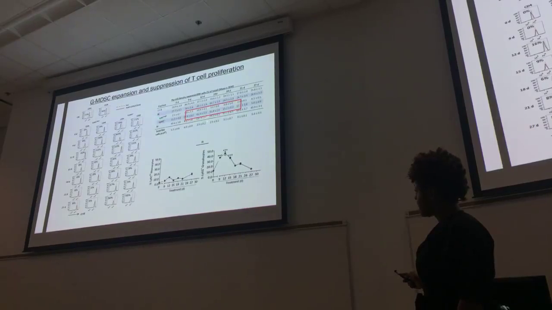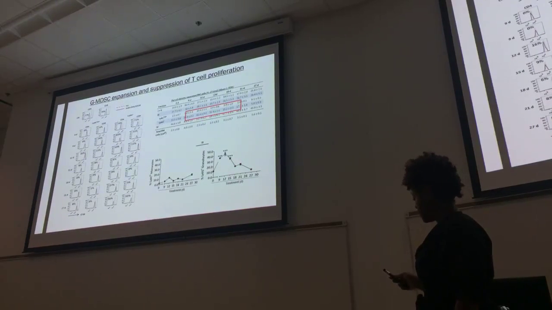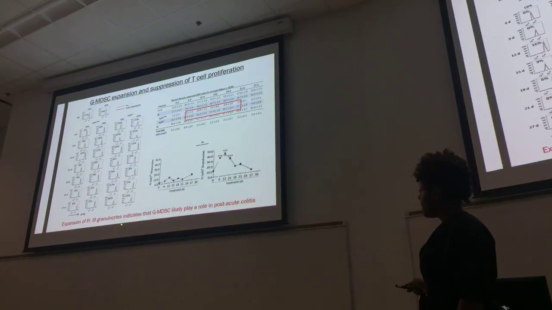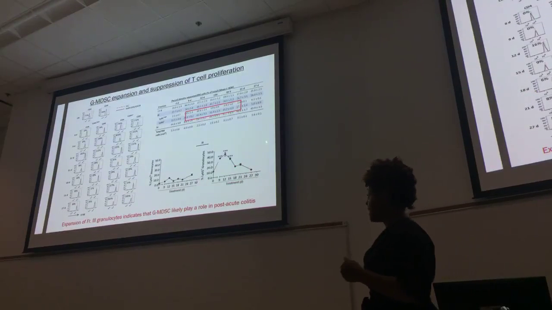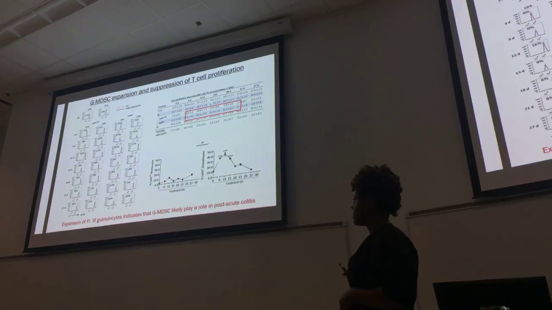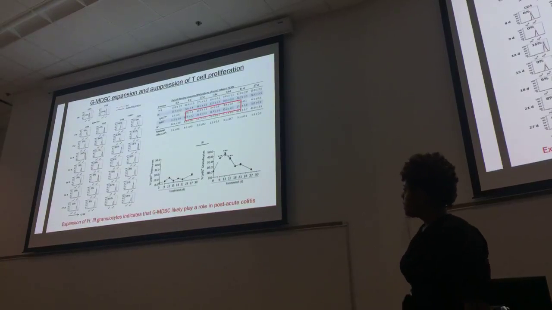This, coupled with the fact that granulocytes were the primary population expanded, suggests that these GMDSC play a role in the post-acute phase of colitis because they're expanding during this time frame.